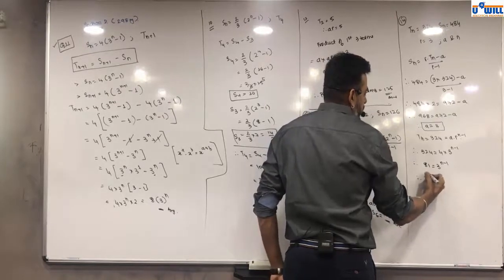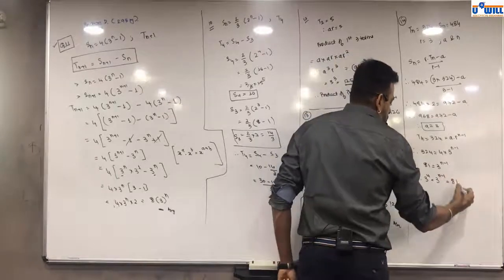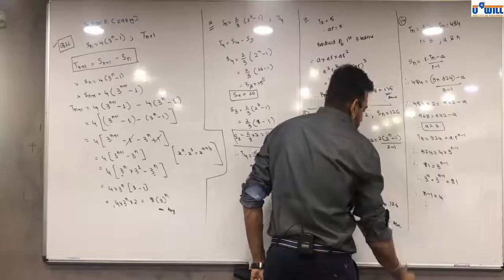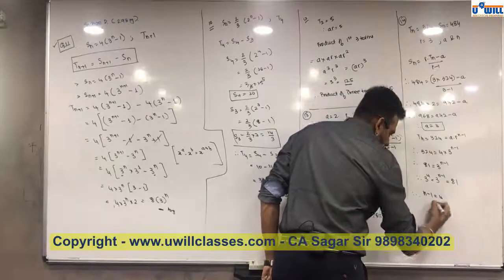Therefore, 3 raised to 4 is equal to 3 raised to n minus 1 is equal to 81. Therefore, n minus 1 is equal to 4. Therefore, n is equal to 5.